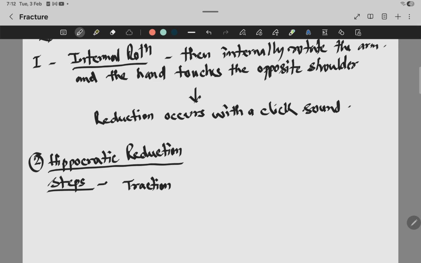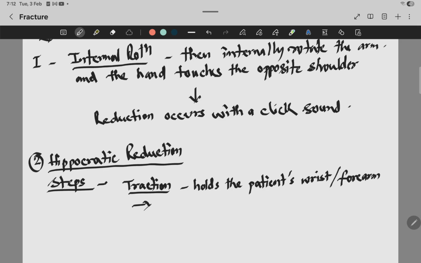Here hold the patient's wrist or forearm, then apply longitudinal traction force.